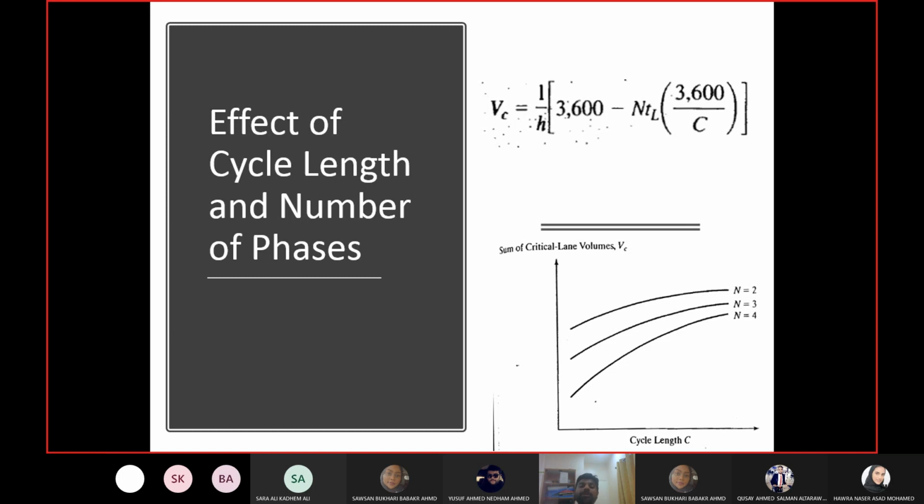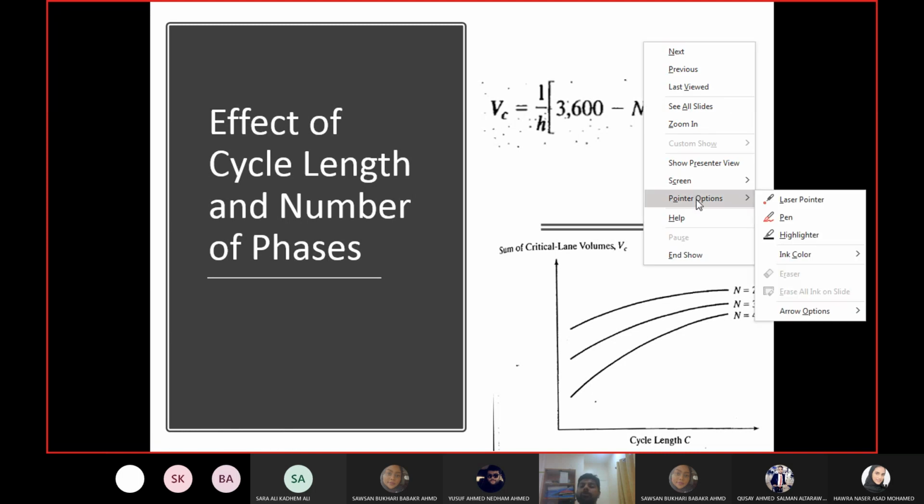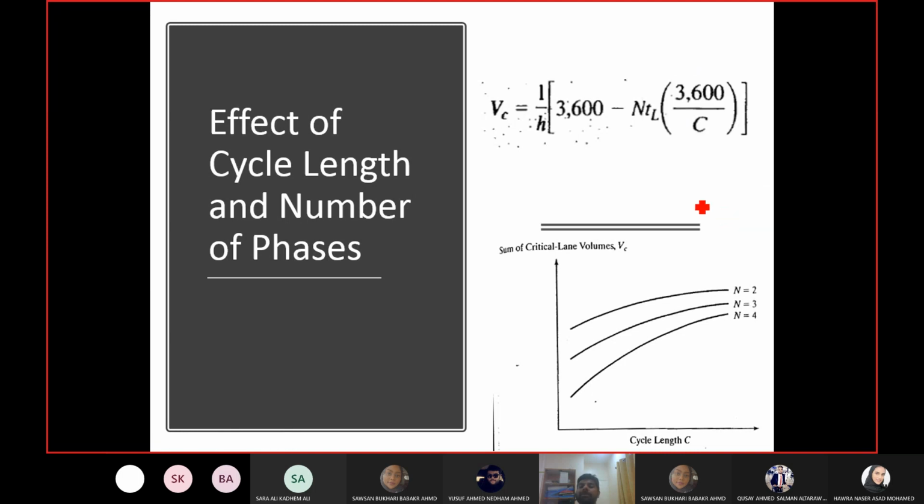The issue with number of phases is when you decrease the number of phases, you have to make the movements happen simultaneously. For example, this movement and this movement, you can do them in two phases, so number of phases will be more, or you can do them in one phase, so number of phases will be less. What is the difference between them?